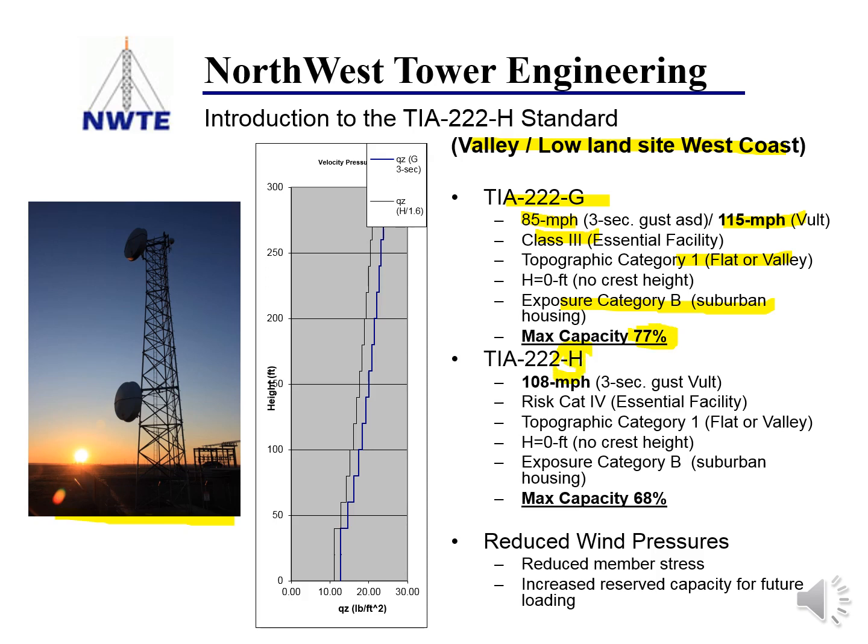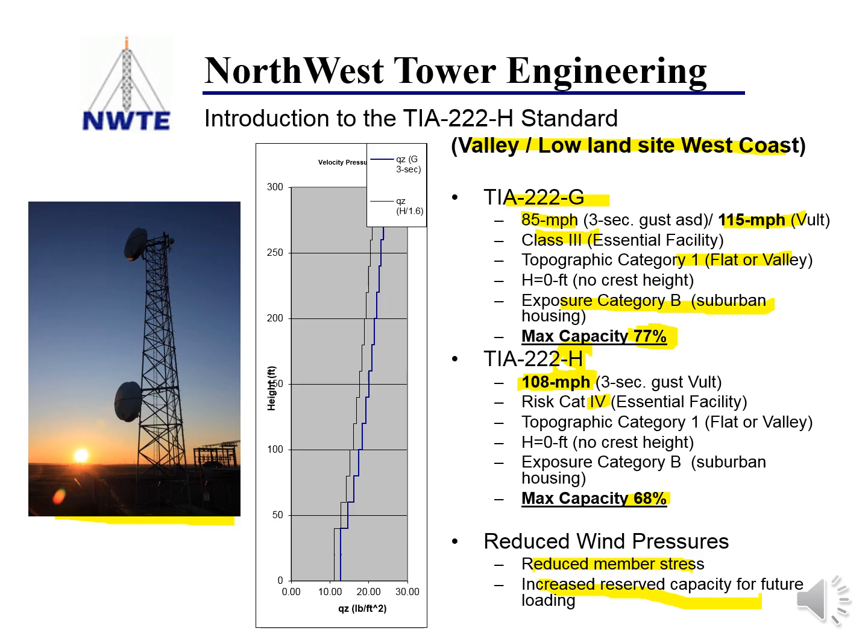And the reason for that is the wind speed has dropped to 108 miles an hour compared to the 115. And this is for the most significant risk category 4. So what you see is my maximum capacity for this reduced wind speed is 68%. So I get a reduced member stress and increased reserve capacity.